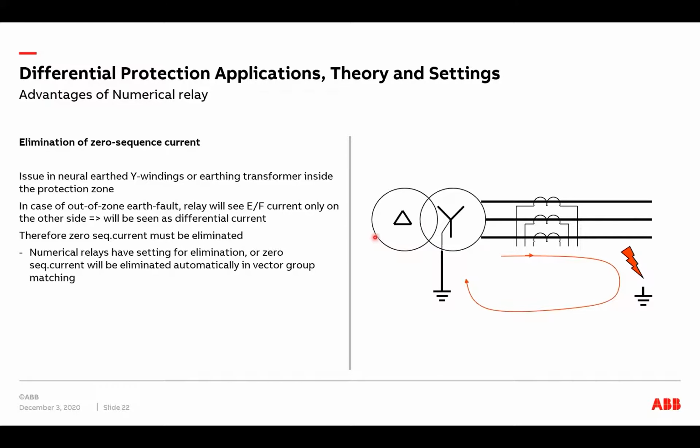So the differential protection will see this as a differential current and operate. So in modern relays, we can eliminate this so-called zero sequence current with the help of a setting parameter.